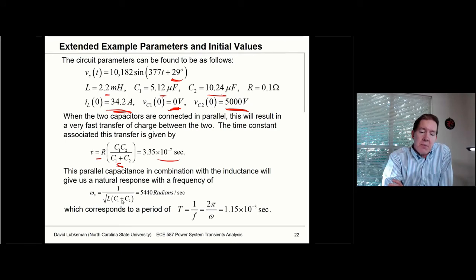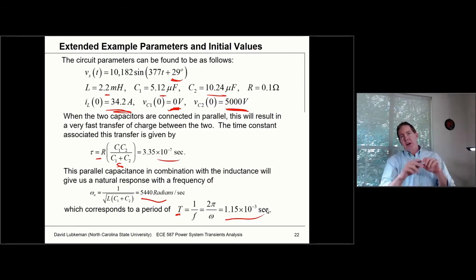So then the effective capacitance is C1 plus C2, and then we're going to have a transient ringing frequency associated with the capacitor switching of 1 over the square root of L times the quantity C1 plus C2. So the frequency of oscillation associated with this is going to be 5,440 radians per second. As far as the period associated with this, it is going to be 1.15 times 10 to the minus third second.